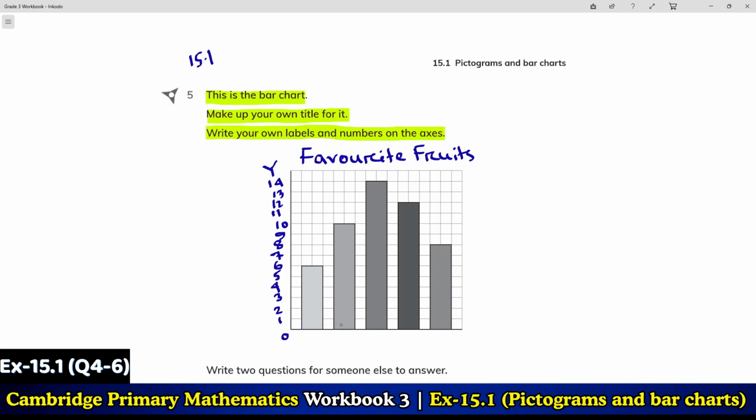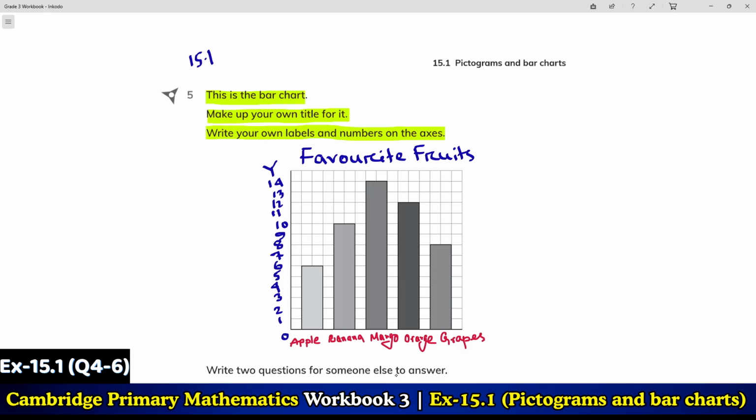And in horizontal it's a fruit's name. Suppose we can write it's an apple. Next one is banana. We have to write this in very small size, right? So apple, banana, and it can be mango. Next can be orange, and finally we can write grapes.